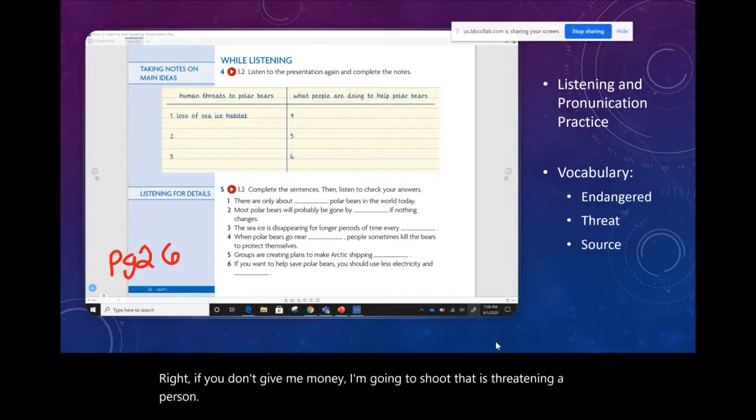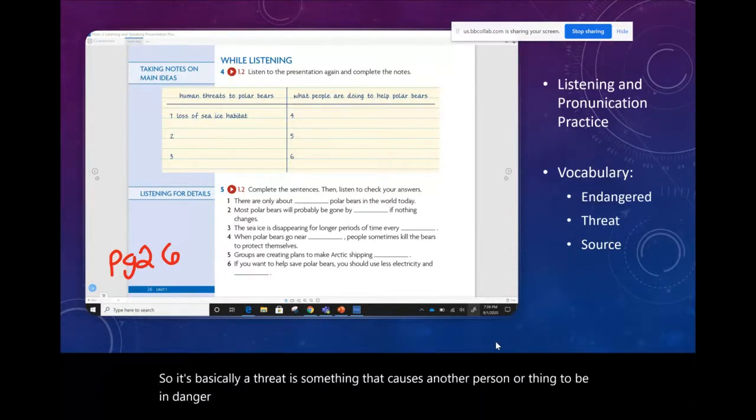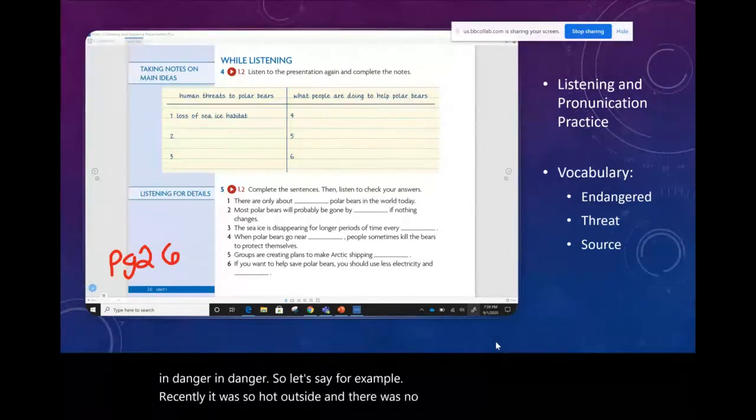Yeah, so basically a threat is something that causes another person or thing to be in danger. So let's say, for example, recently it was so hot outside and there was no rain, like all of July. It was very dry, right?